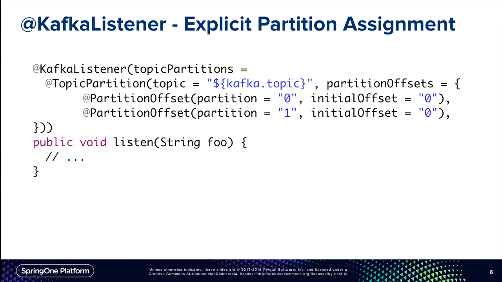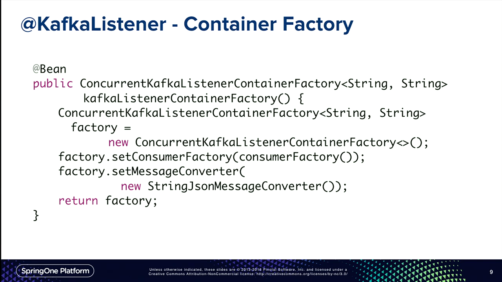And then, for those of you familiar with the Rabbit listener and the JMS listener, underlying this mechanism we have a message listener container, and so we need a factory to be available to create those message listener containers. And the default factory we look for is one called KafkaListenerContainerFactory, where you can provide basic configuration.